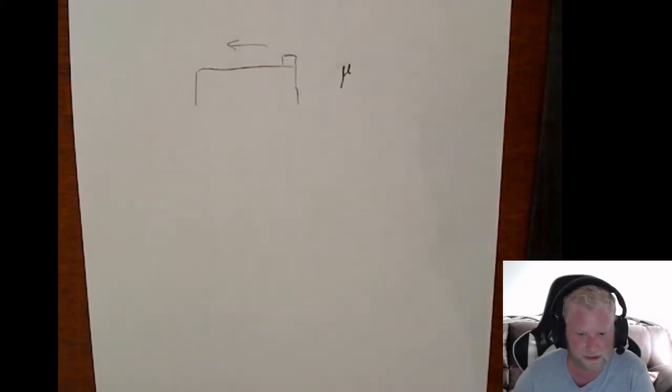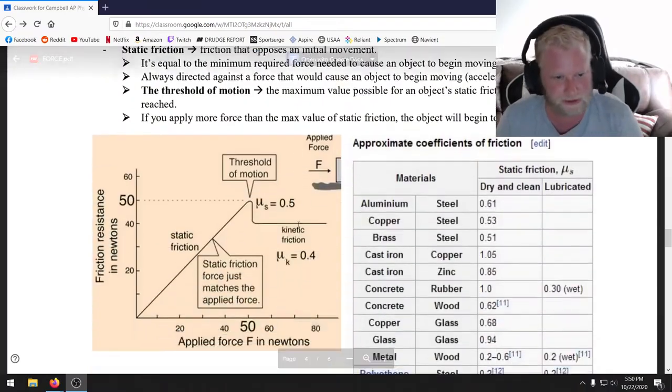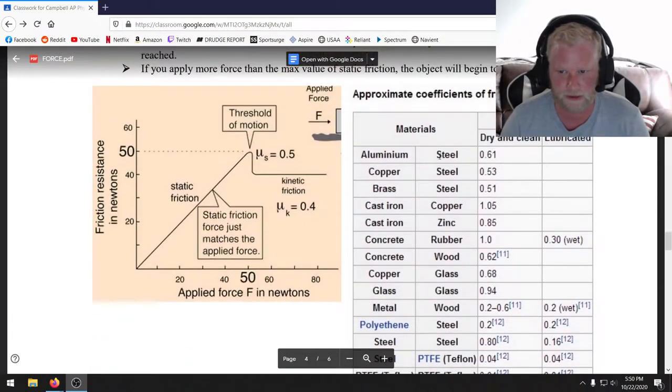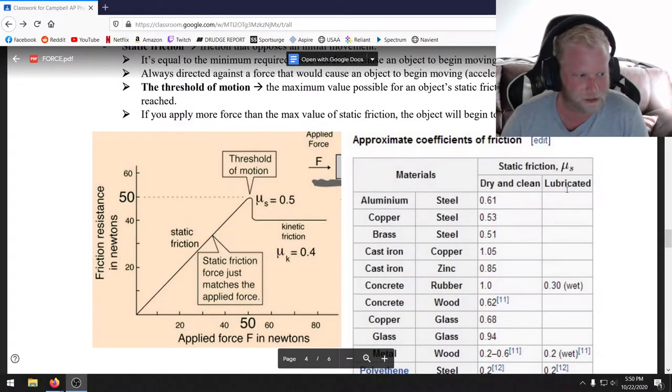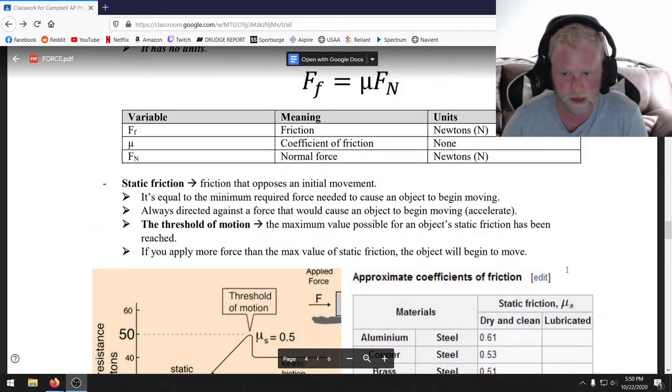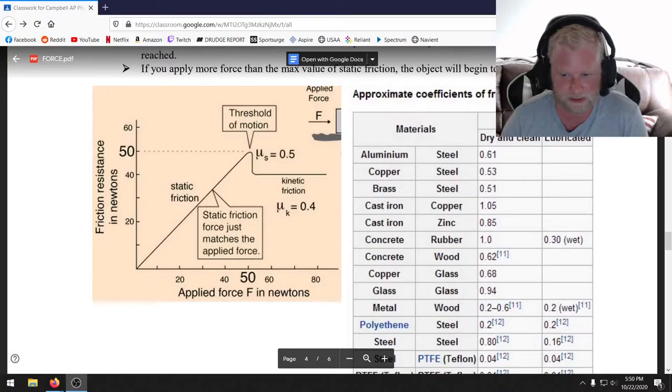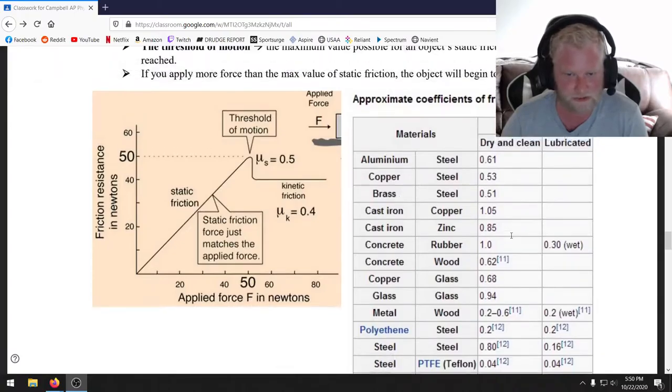And again, if we look at this table here, notice that as you alter your materials, your static coefficient of friction changes, and it will also change based off of the actual condition of the materials, right? So some of them will have a lower coefficient of friction when one of them is wet. So the two materials in contact dictate what the coefficient of friction is.